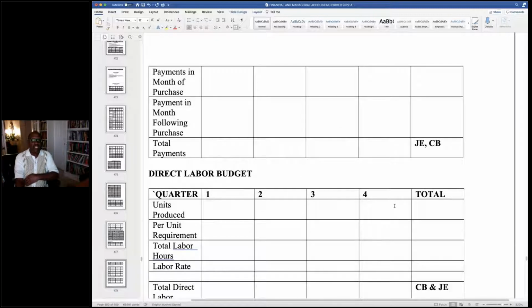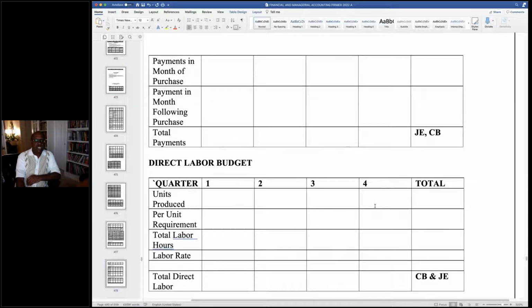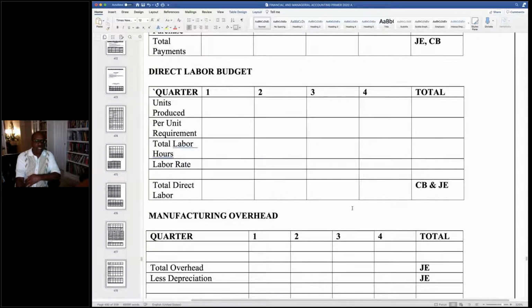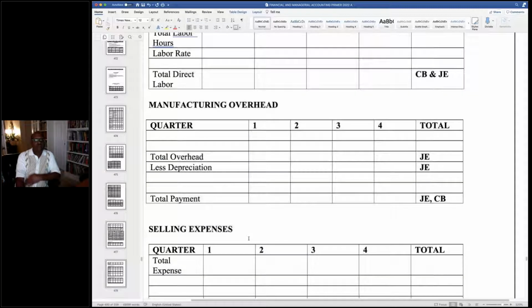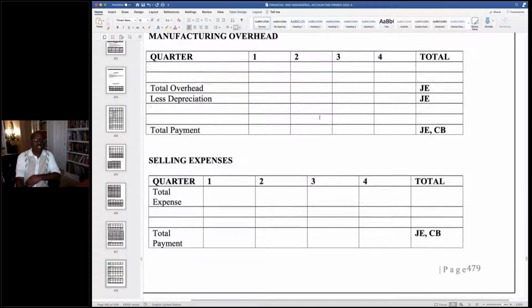They're going to go with units to be produced. So we need to get those units to be produced straight. So you got your journal entry and your schedule. Manufacturing overhead, your numbers are separate. You can begin work. Total overhead, less depreciation by quarter. Get your totals in. You can begin work and do that now.